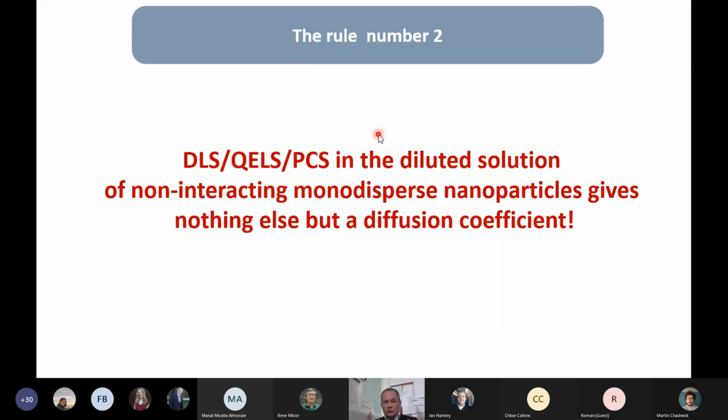Okay, and the rule number two that I would like to provide you, and this is a take-home message, is that dynamic light scattering in a diluted solution of non-interacting monodisperse nanoparticles gives nothing else but a diffusion coefficient, right? It is the alpha and omega of your dynamic light scattering experiment. Everything else that you probably get from your instrument is based on assumptions. In general, dynamic light scattering measures, calculates the diffusion coefficient.